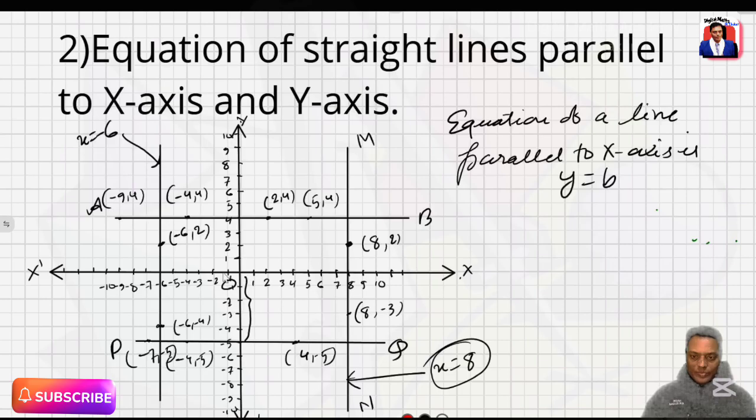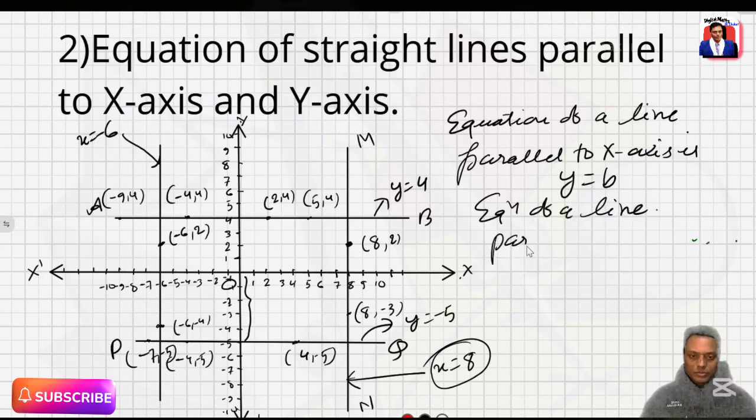But when the line is parallel to the x-axis, the equation of line AB will be y equals 4, and the equation of PQ will be y equals -5. So we can write the equation of a line parallel to the y-axis is x equals a.